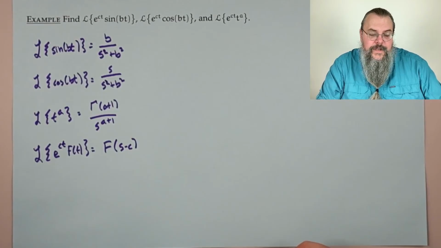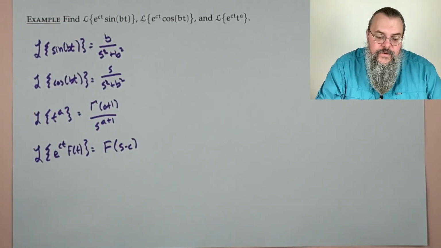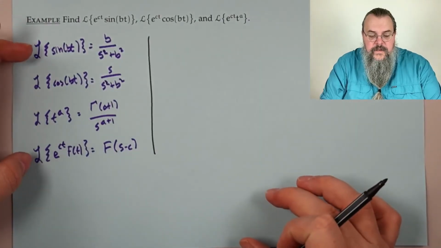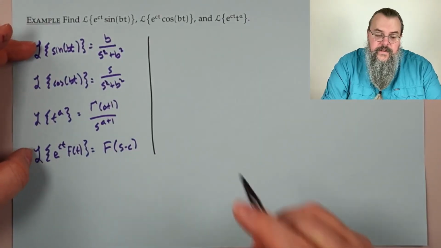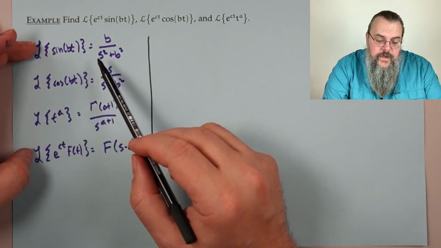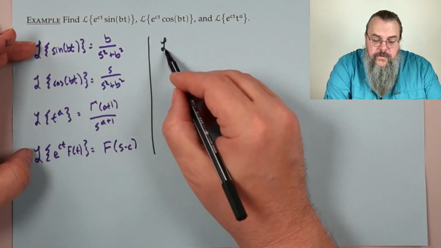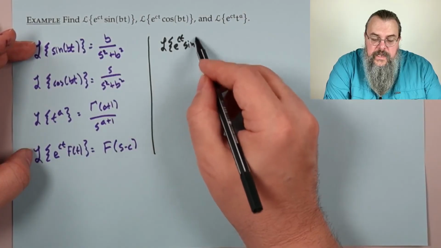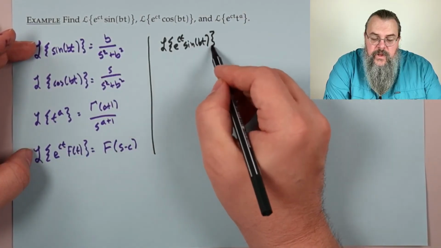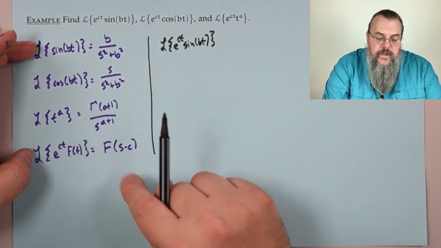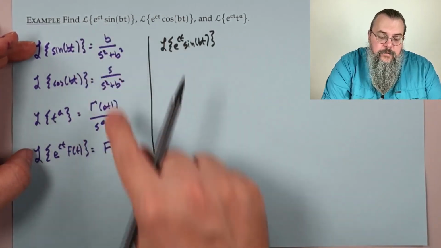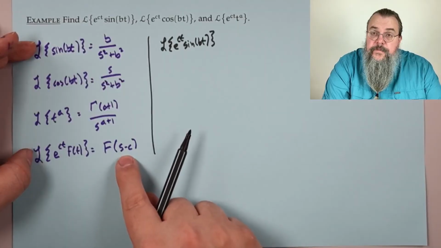So we can actually just use the rules now and say, okay, if we combine the sine with this e to the ct, you say, all right, so what we're going to do is say that the Laplace transform of e to the ct sine of bt, well, that would be what? You start with the Laplace transform of the sine, but now you shift.